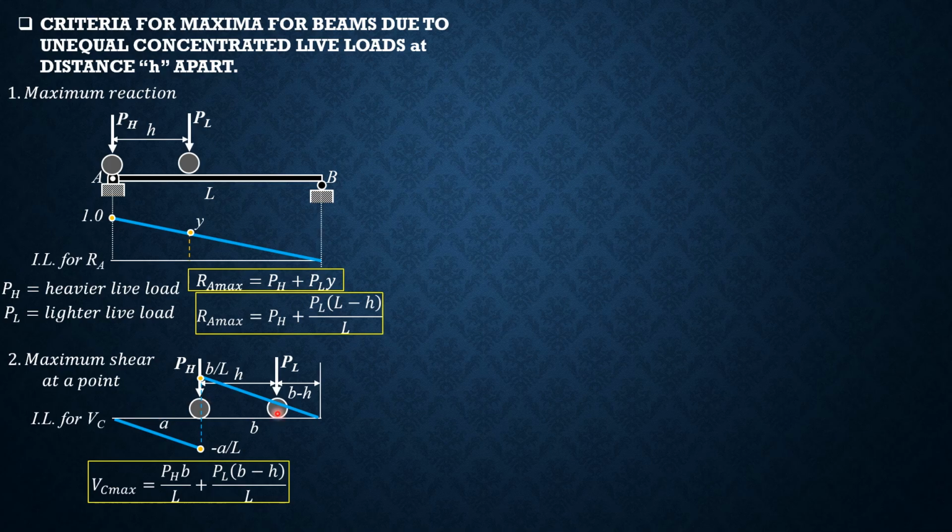So this is the positioning of the two loads. Solve for the reaction at A, then you can find that V sub C max is equal to RA minus the load at C. So this would be the expression of V sub C max.